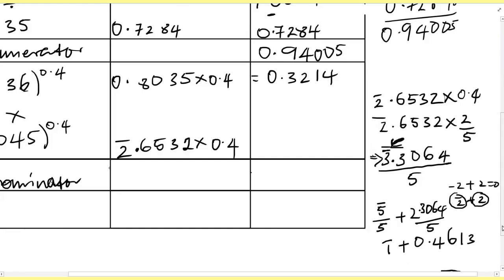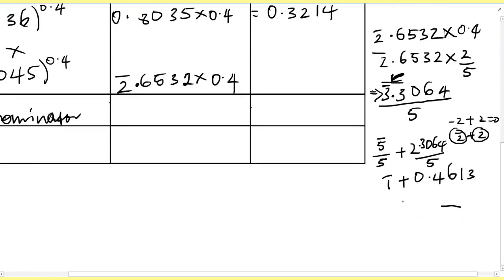So if you put them together, you have exactly bar 1.4613. So this is it. So we write our answer here as bar 1.4613.